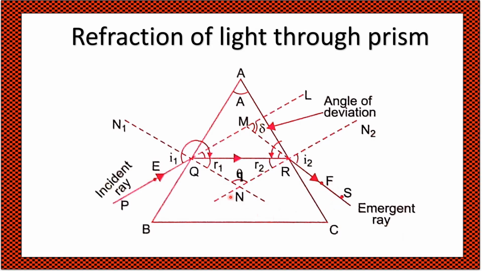In the absence of prism, the incident ray PQ would have travelled along PQML. The emergent ray RS appears to be coming along MRS.